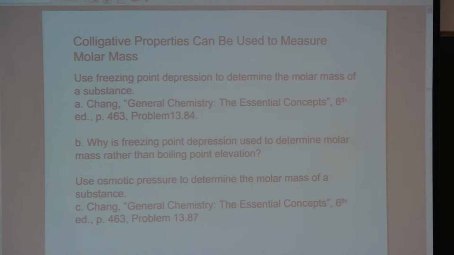We're trying to find... Okay, does someone have an answer for the molar mass of this protein?